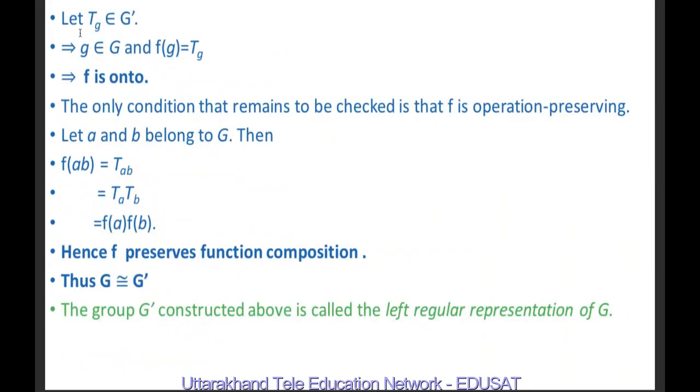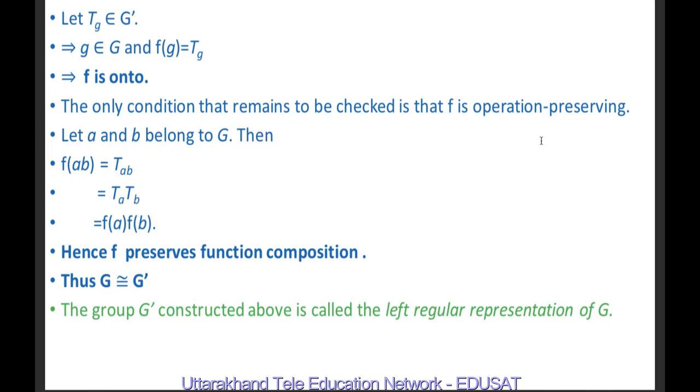Next, if Tg belongs to G', then g belongs to G by definition of Tg, and it means f(g) is equal to Tg. So we have found the element g in G such that f(g) equal to Tg. This implies f is onto. The only condition that remains to be checked is that of operation preserving.